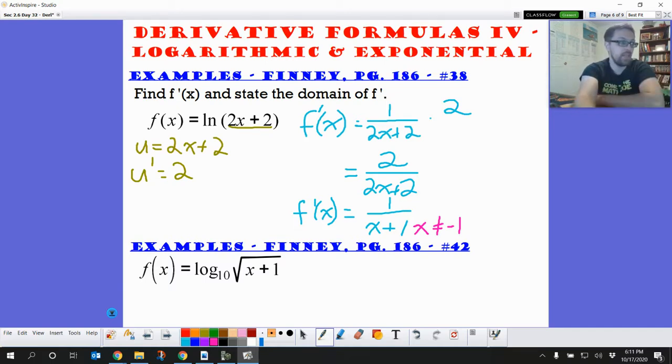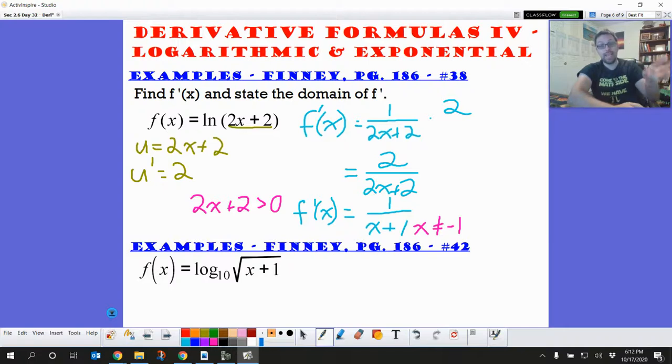But remember, this thing came from this piece over here. So that 2x plus 2, we need to make sure that that stays greater than 0, because we can't put negatives into logarithms and we can't put 0 into our logarithms. So we want to make sure 2x plus 2 stays greater than 0. So that means x has to be greater than -1.